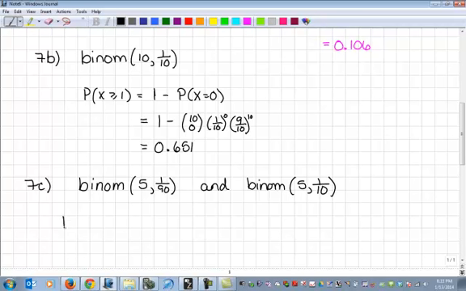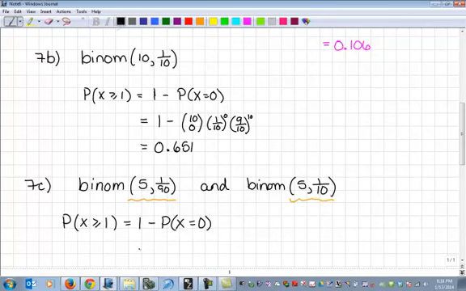Now, if I want the probability of at least one having twins, remember, that's the probability of 1 minus none of them having twins. Well, in this case, I have to think about not having twins if I haven't taken any medicine, and not having twins if I did.